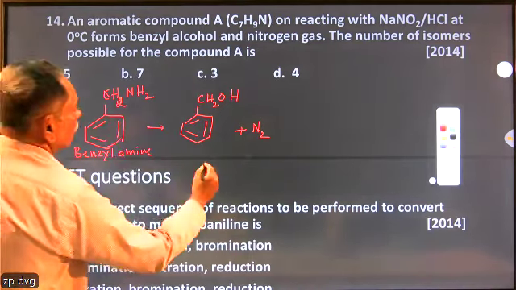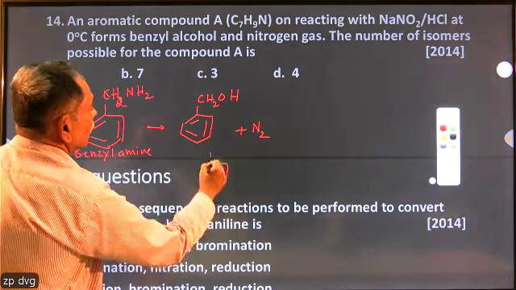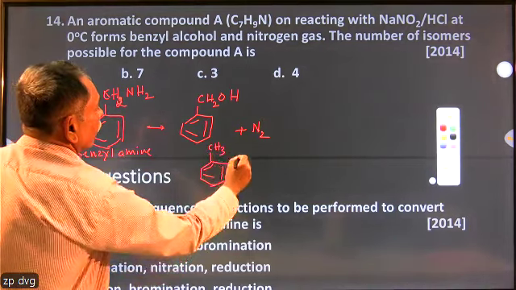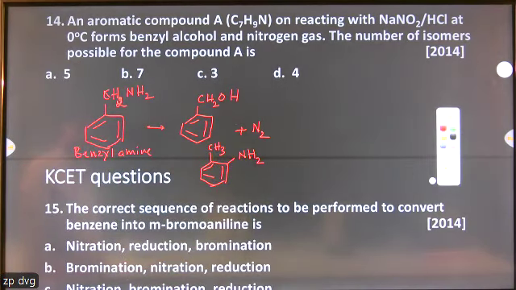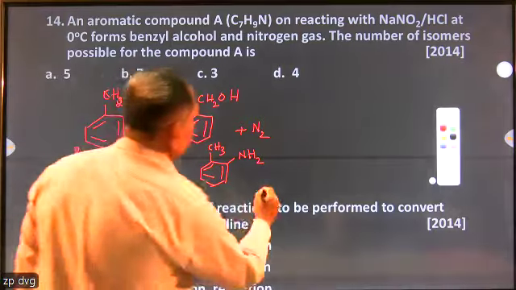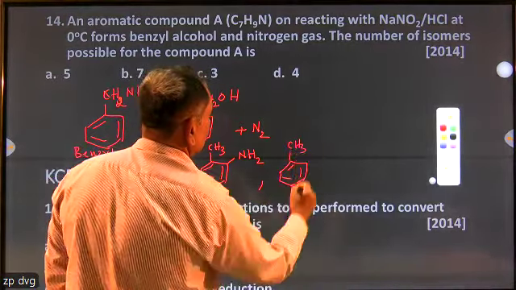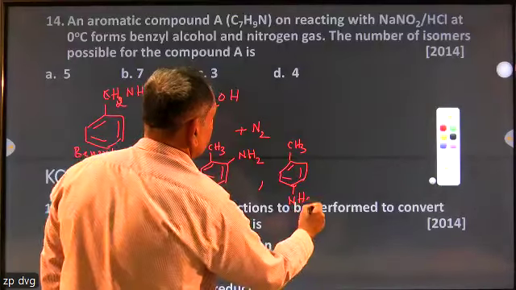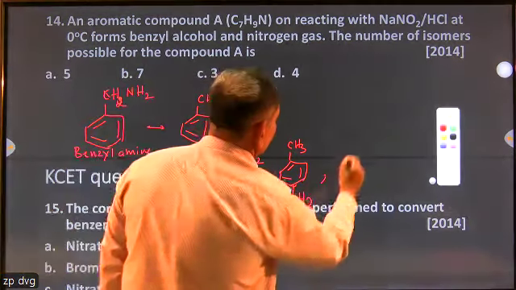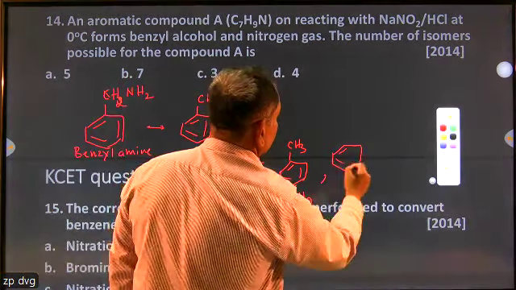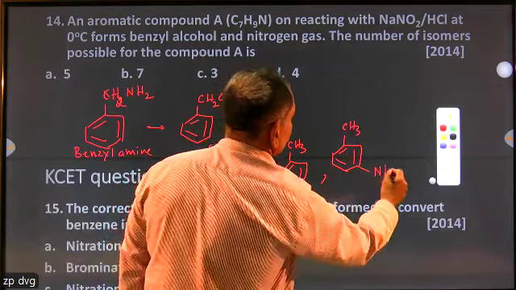So this is one isomer. The other isomer is this possibility. The other isomer, you can write it as this isomer. The other isomer possible is the meta position.